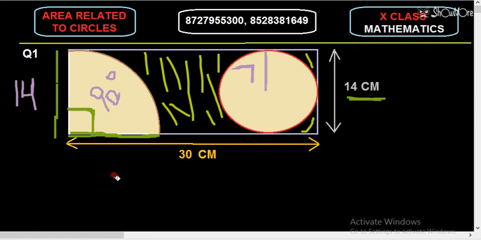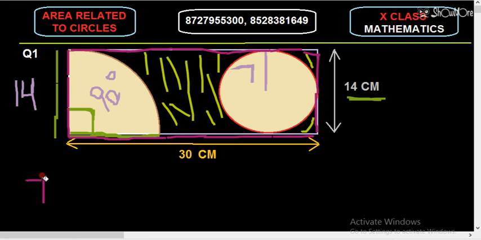So now see how we will handle this question. Firstly, find the complete area of the rectangle. This is the outermost rectangle, inside which a sector and a circle are included. This is the boundary of the rectangle. So we will find the rectangle area first. Rectangle area is length into breadth.